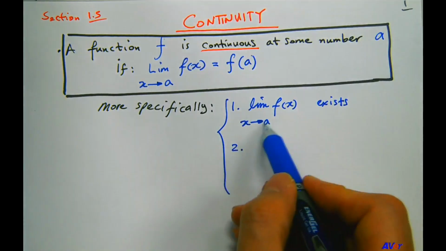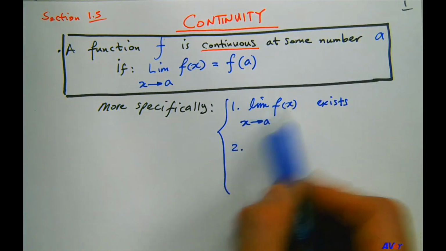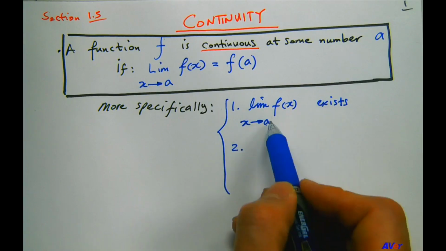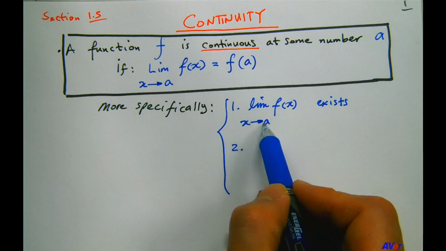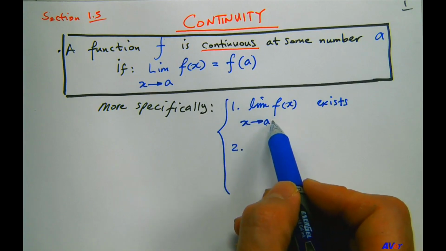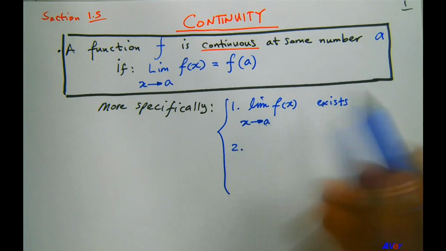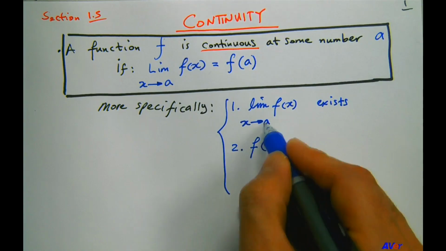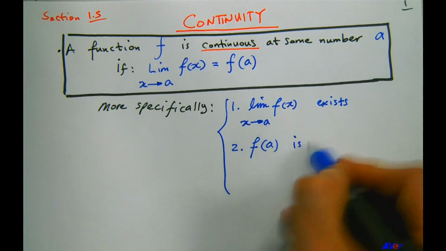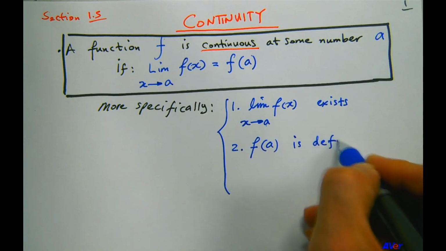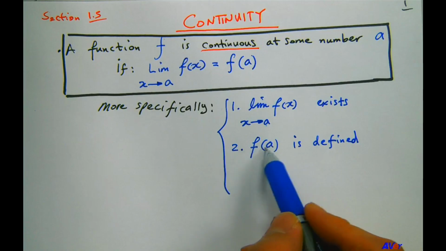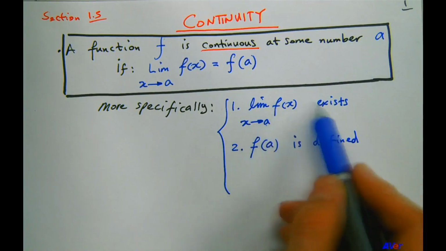And of course we remember that when the limit of a function at some x value exists, it means that as x approaches that value from left and right, the values of the function are equal to each other. Number two, the value of the function at a is defined. So the function at that value is defined, and the function has a limit at that value.